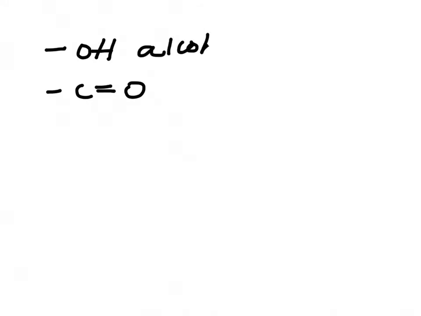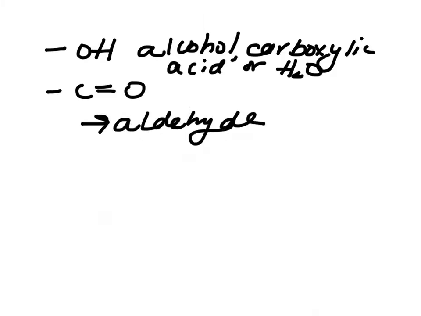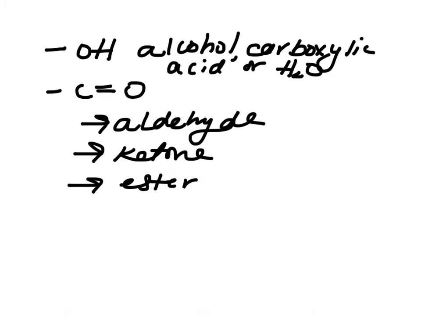So in doing IR, we would look for OH groups or carbonyls. The OH could indicate an alcohol. It could indicate a carboxylic acid. Or water. Your carbonyls could be a range of things, an aldehyde, or a ketone, or an ester, an amide.